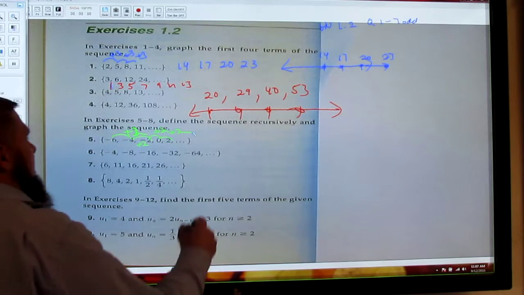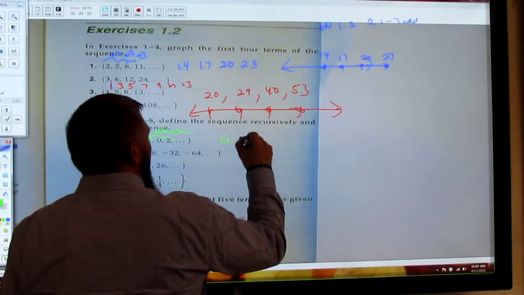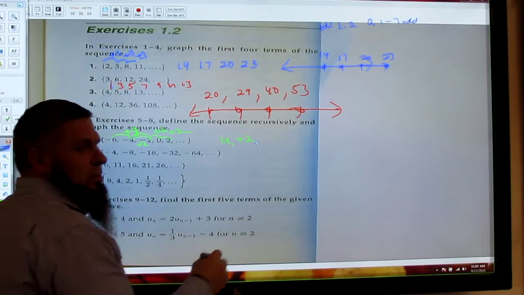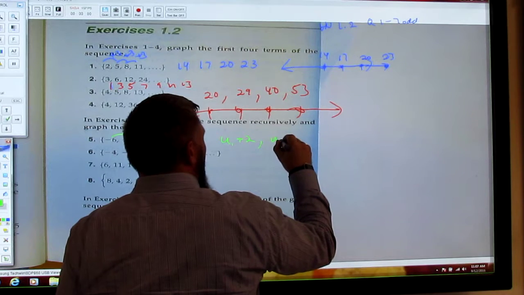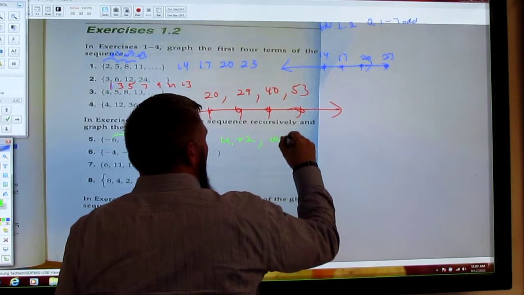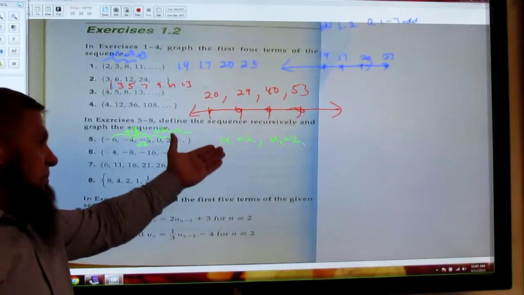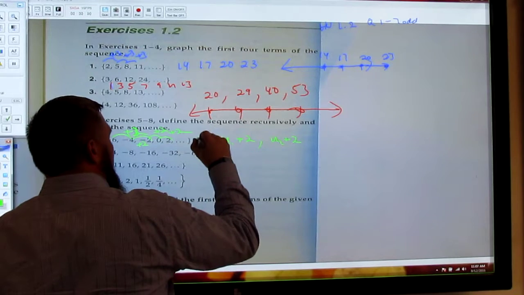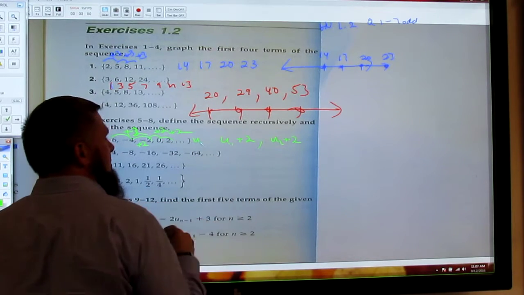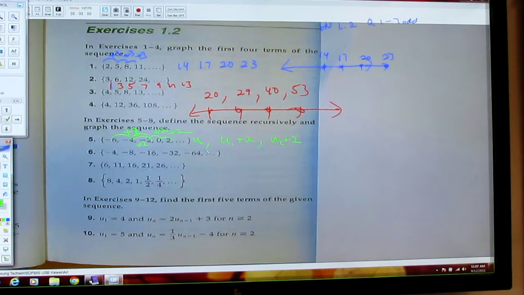So what's happening here is we can start with a thing called U1 plus 2, U2 plus 2. This is U naught, okay? So U naught plus 2 becomes U1.